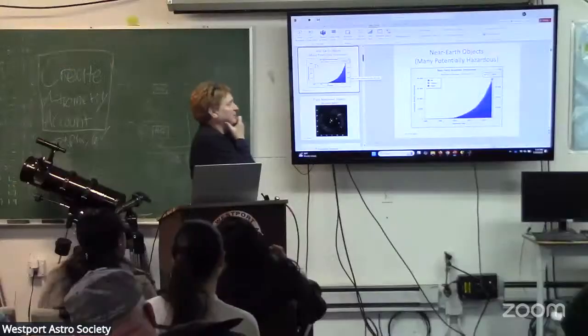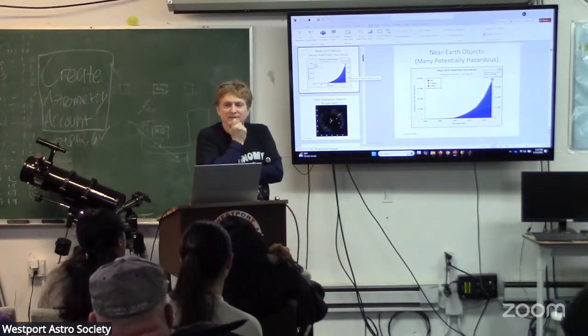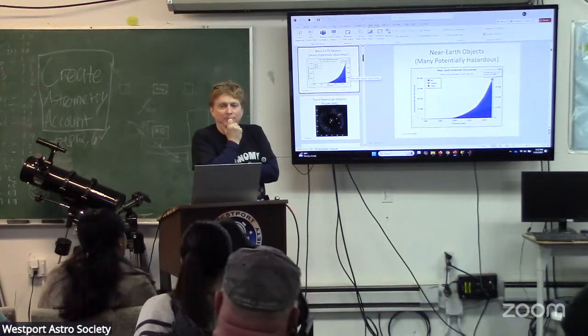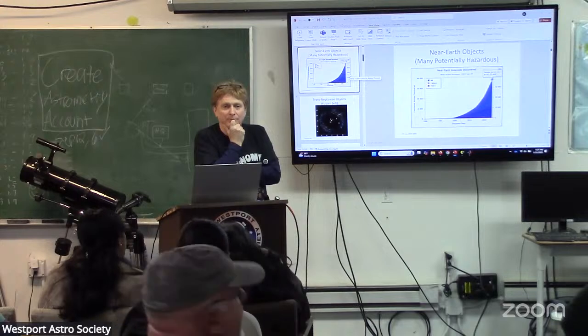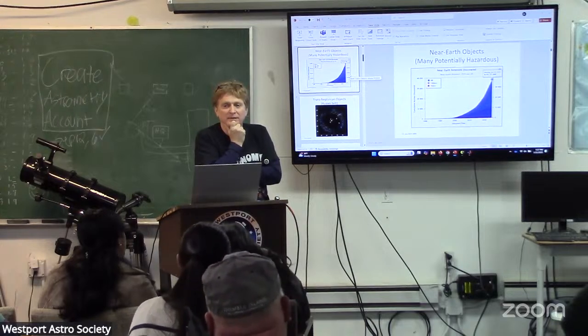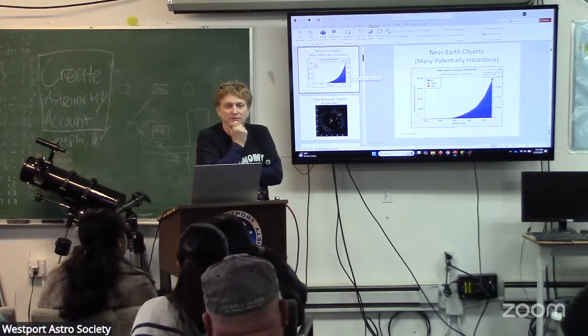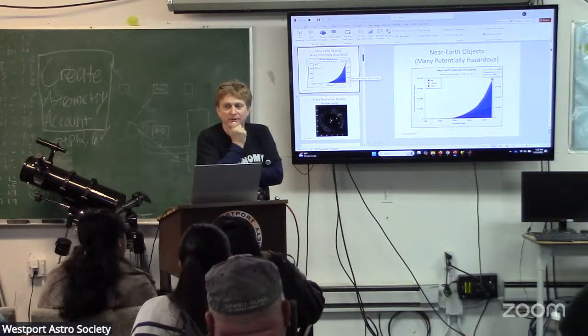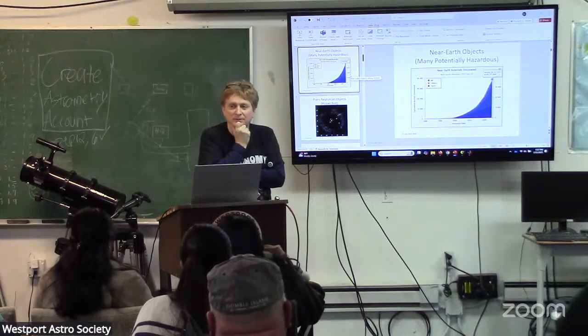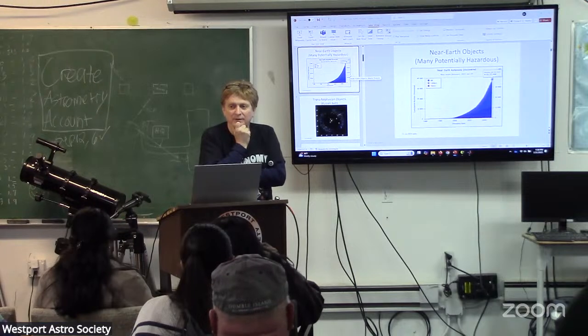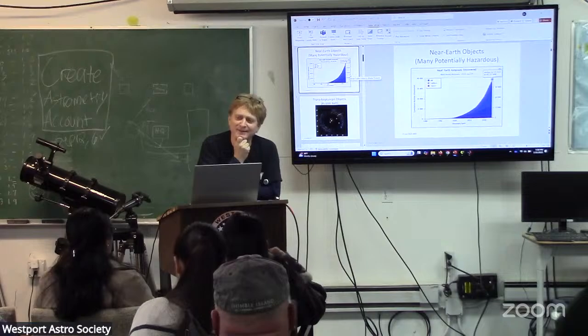Well, there's the DART mission, where we sent a satellite into the moon of another asteroid to try and change its orbit. It did something like that. Now, what was your question exactly again?